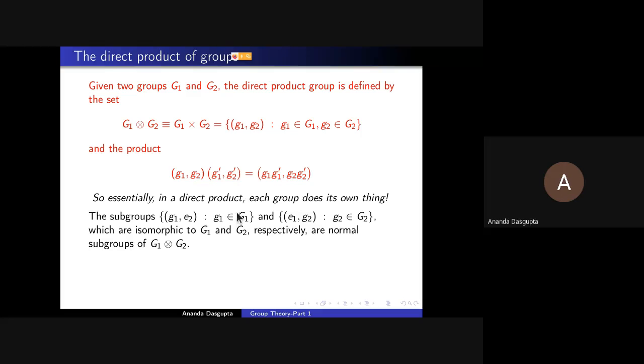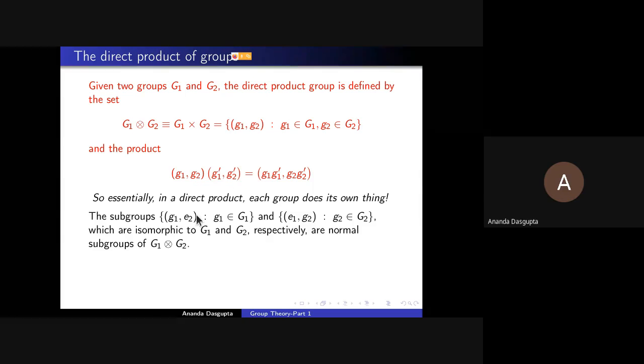It's easy to see from the basic rule that these are subgroups of the direct product group. And these are of course isomorphic to G1 and G2, because there's an obvious one-to-one correspondence between pairs of the kind (g1, e2) and the elements g1 of capital G1. Just pick out the first element. That's the isomorphism. It's a one-to-one correspondence, and it's easy to see from the multiplication rule that it keeps the group multiplication rule intact.